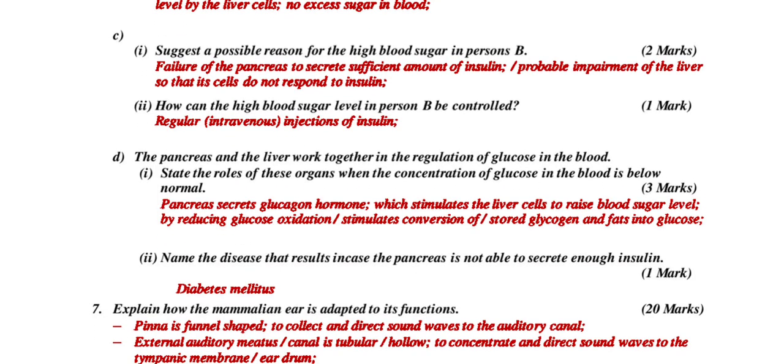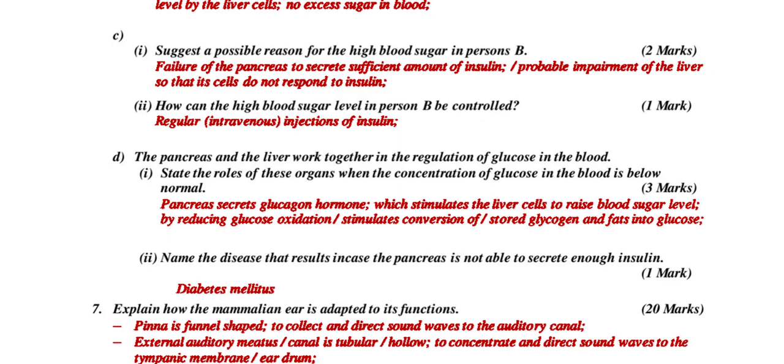D. The pancreas and the liver work together in the regulation of glucose in the blood. State the role of these organs when the concentration of glucose in the blood is below normal.